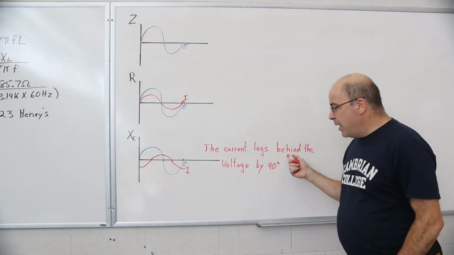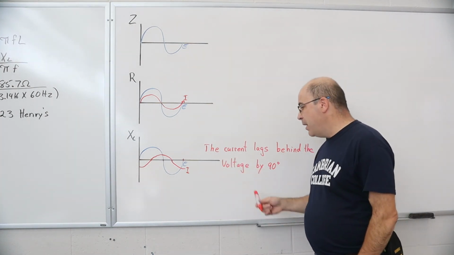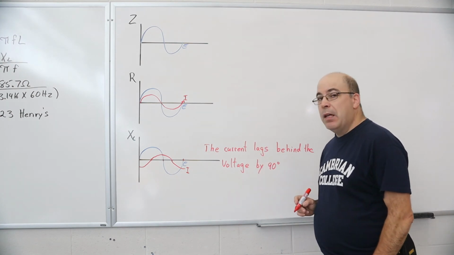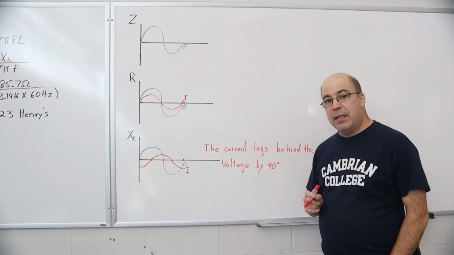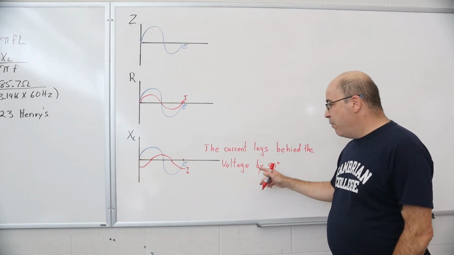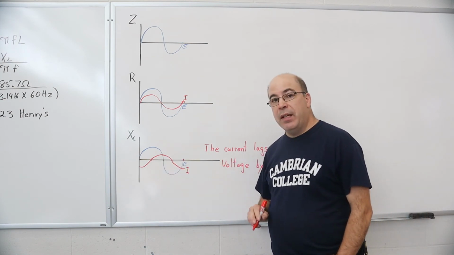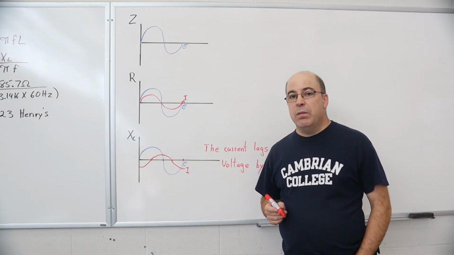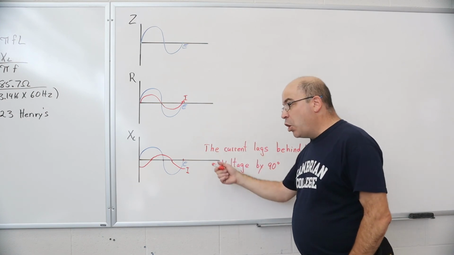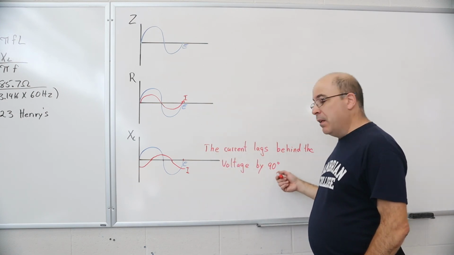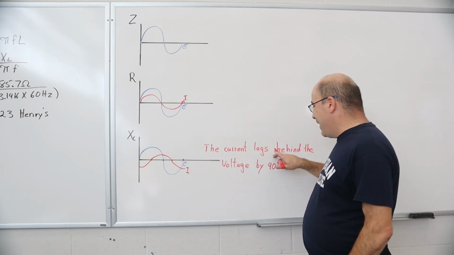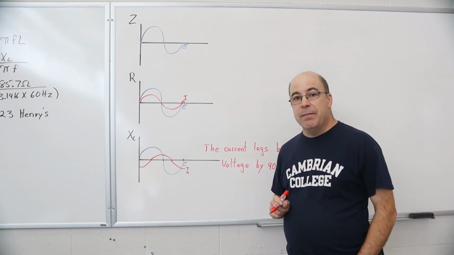Now, the same cannot be said if somebody was to say the voltage leads the current by 90 degrees, because the voltage is something that is stationary, it can't move. And the grammar does not make sense. You have to say the current lagged behind the voltage by 90 degrees.